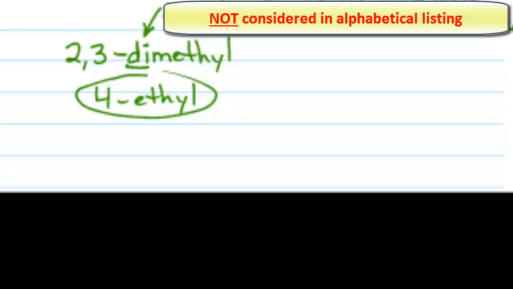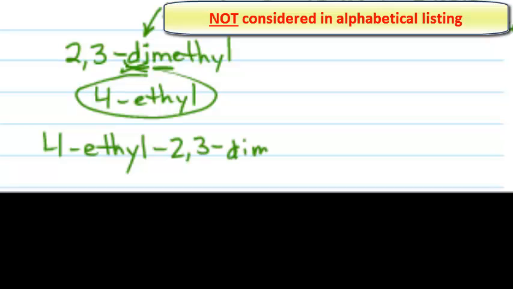So E is going to come before the M in methyl. So I'm not using the di in considering alphabetical order. So E for ethyl goes first, followed by 2,3-dimethyl.